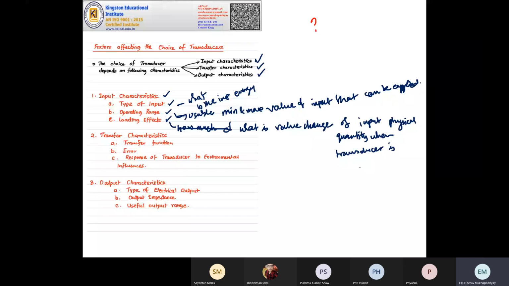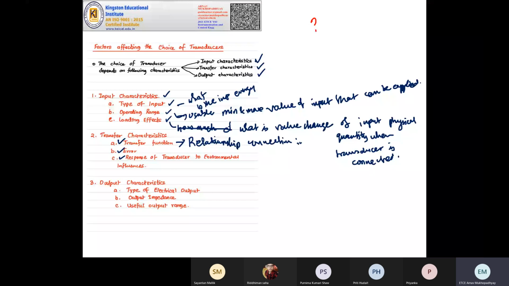Then comes transfer characteristics. There are three: transfer function, errors, and response of transducer to environmental influence. Transfer function is relationship connecting input to output.